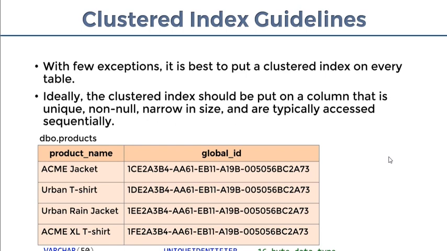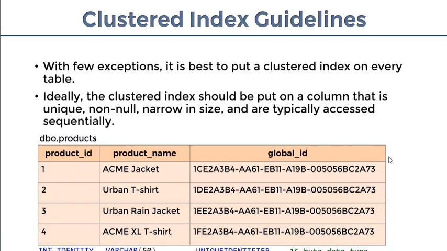A better candidate column for a clustered index is if we add an integer column called product ID and give it the identity property, so that product ID is better to use as the clustered index, as it has all four of the ideal qualities. I would also recommend making product ID the primary key column as well, right?